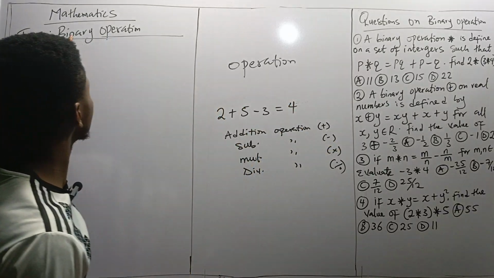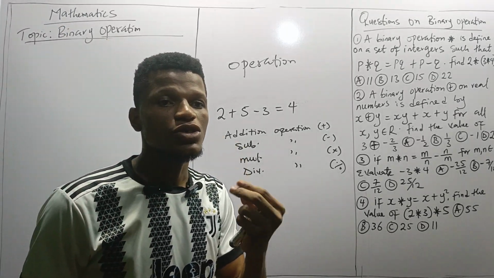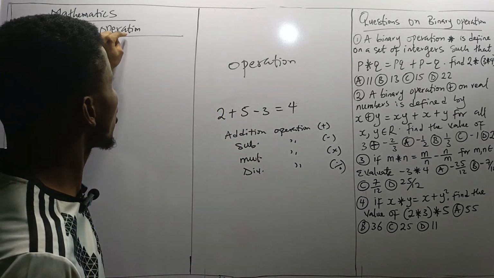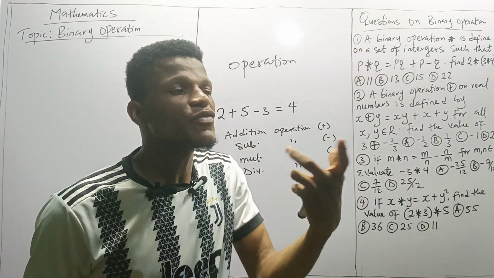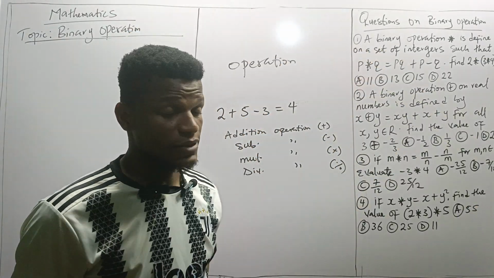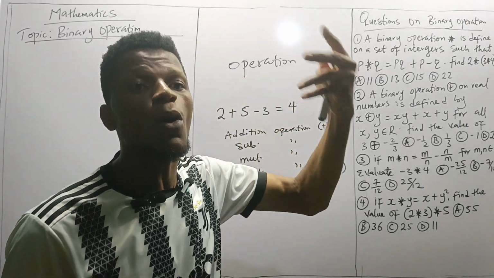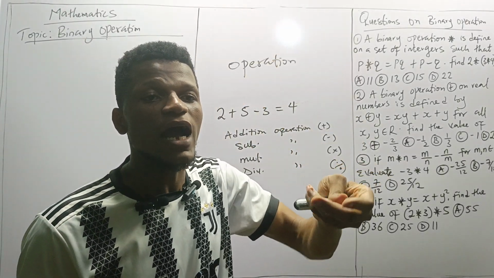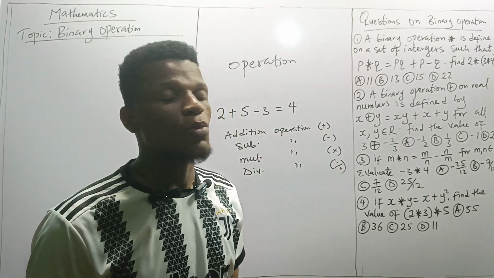So the term binary operation. Binary simply means two. So binary operation is an operation combining only two elements of a given non-empty set. When the operation is defined upon only two elements at a time, it is called a binary operation.